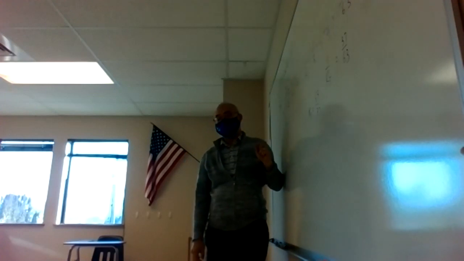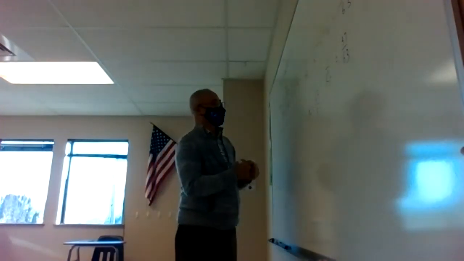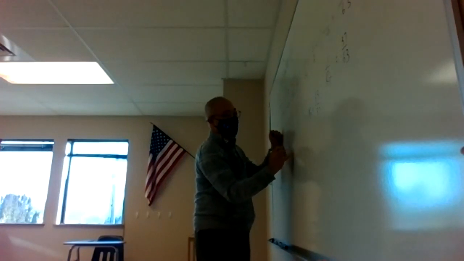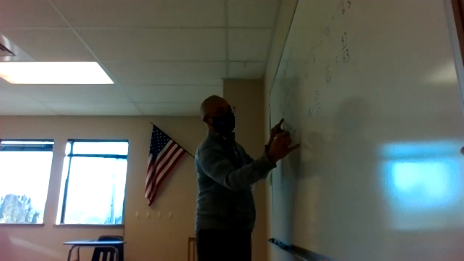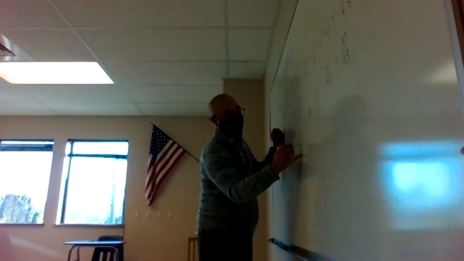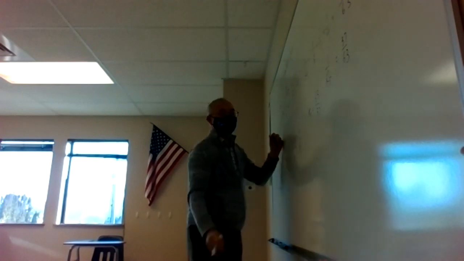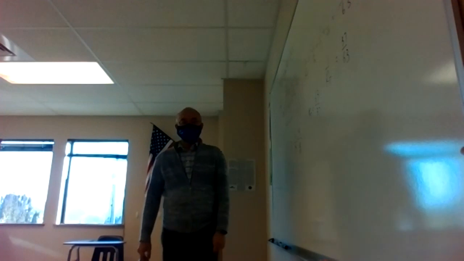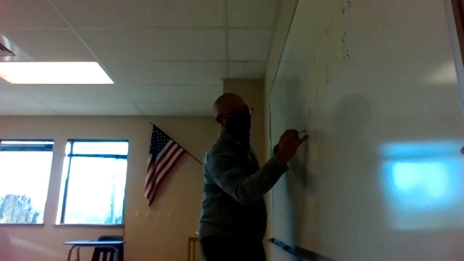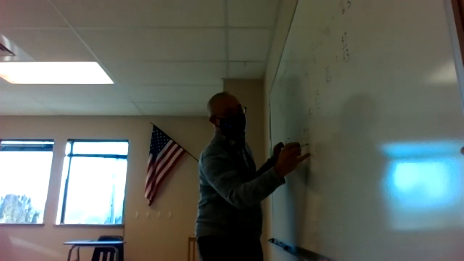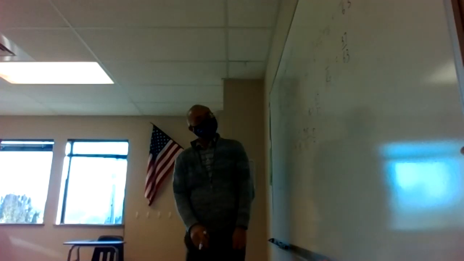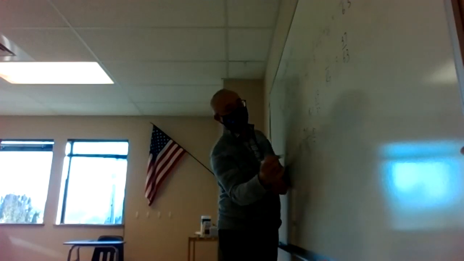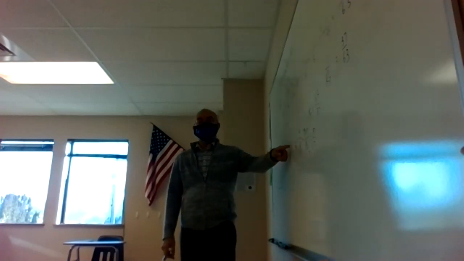So I total is equal to V over R total. V was 9 volts, over 63 over 37. 9 times 37 over 63, which is 37 over 7. So that's my total current.